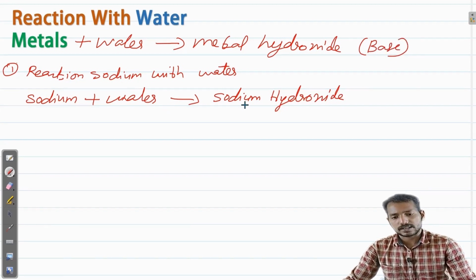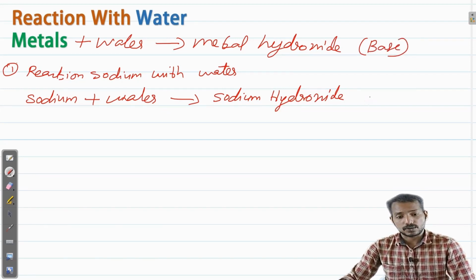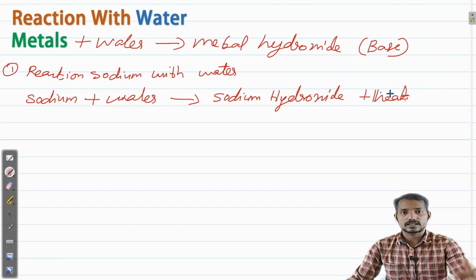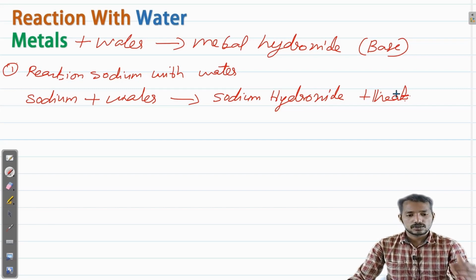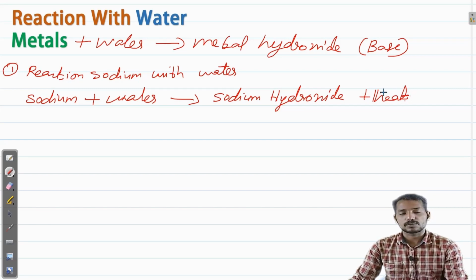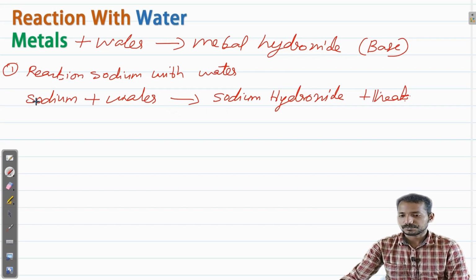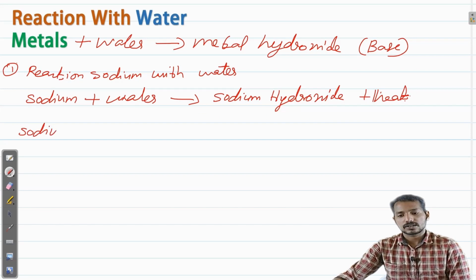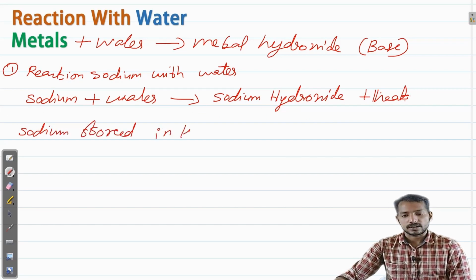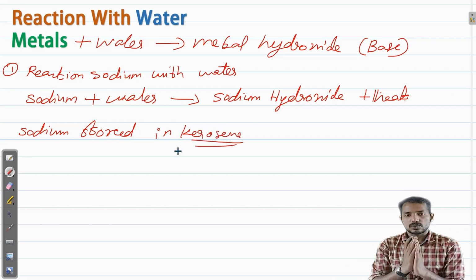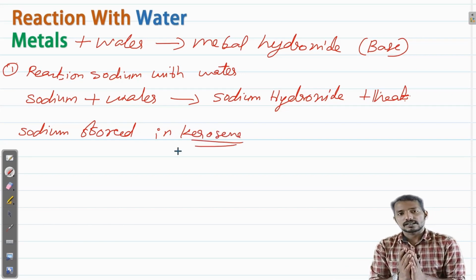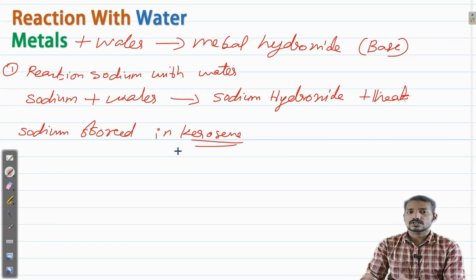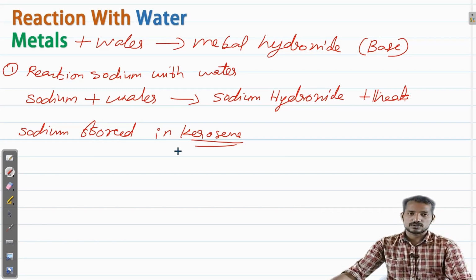And during this reaction, it produces a lot of heat also. So it is very dangerous. Sodium is highly reactive, so we are not supposed to perform the activity without proper precaution. And because of this reason, sodium is stored in kerosene, because it reacts vigorously with water.